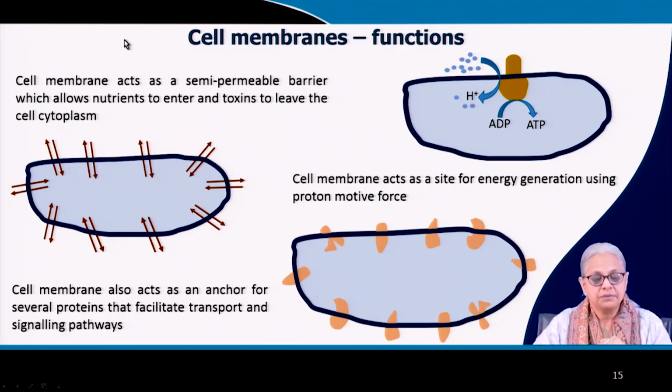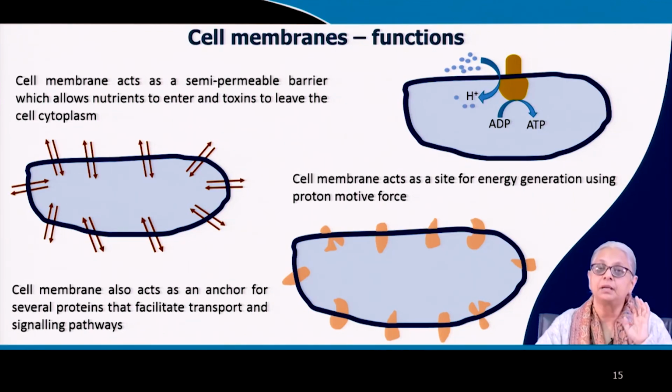So, cell membranes are semi-permeable barriers that allow nutrients to enter and toxins to leave the cytoplasm, and all this transport, except perhaps of the gases, is mediated by proteins.